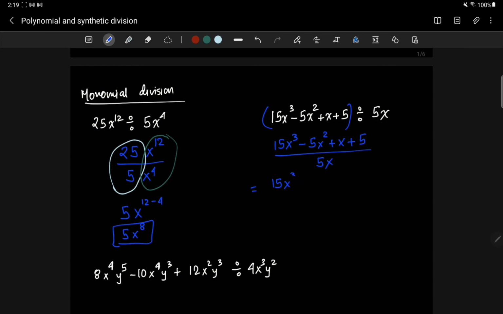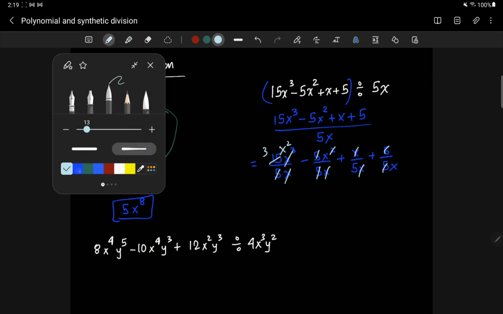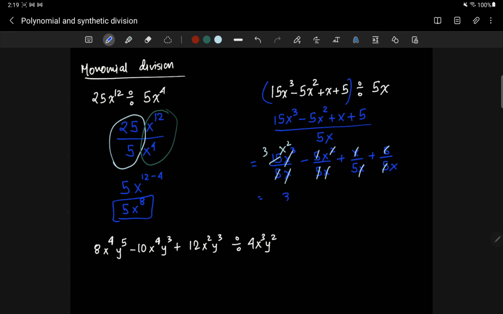So this can be written as 15x cubed over 5x minus 5x squared over 5x plus x over 5x plus 5 over 5x. And then we notice that 5 into 15 gives 3, x cubed over x gives x squared, 5x over 5x gets rid of the 2, x and x cancel, 5 and 5 cancel. So what we are left with is 3x squared minus x plus 1/5 plus 1 over x.